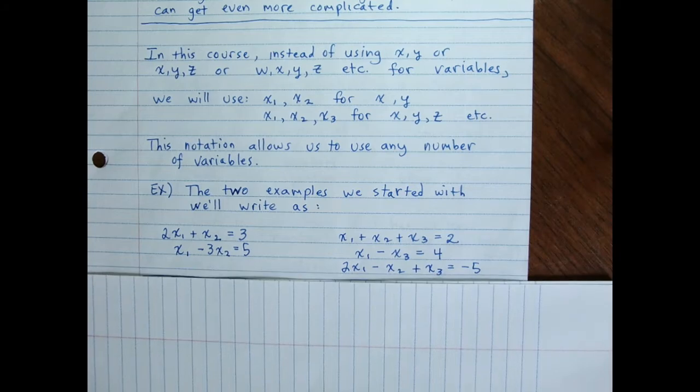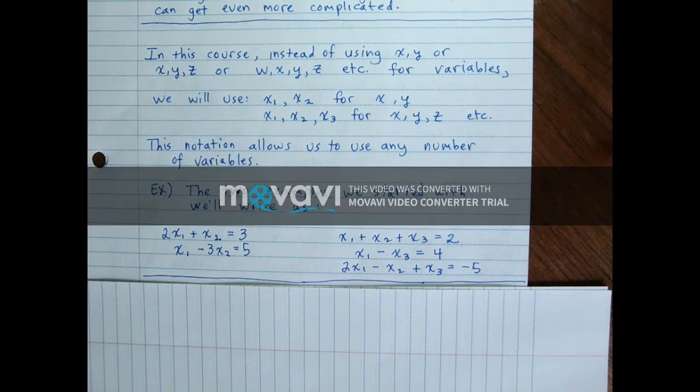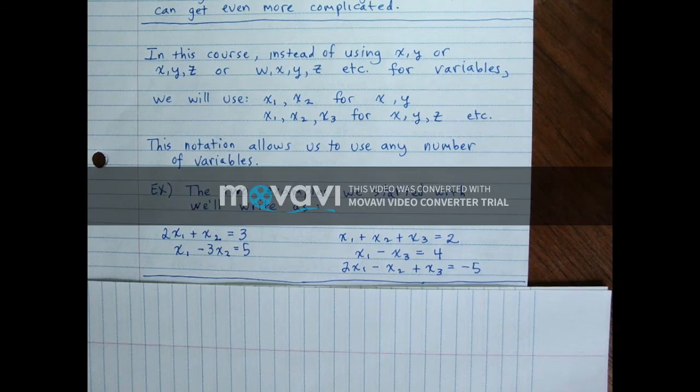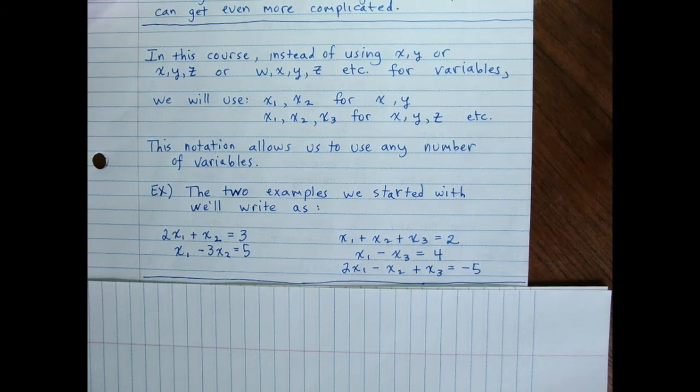And so the two examples we started with could be written as pictured here: 2x1 plus x2 equals 3, x1 minus 3x2 equals 5, and there's the other example with planes written with the variables x1, x2, and x3. So the main thing is to get used to the fact that we're not going to use y, z, or other letters. x2 is y, x3 is what you may have thought of as z in the past, and this will allow us to work with x4, x5, x6, and have variables for higher dimensions in a way that's easy to write down.